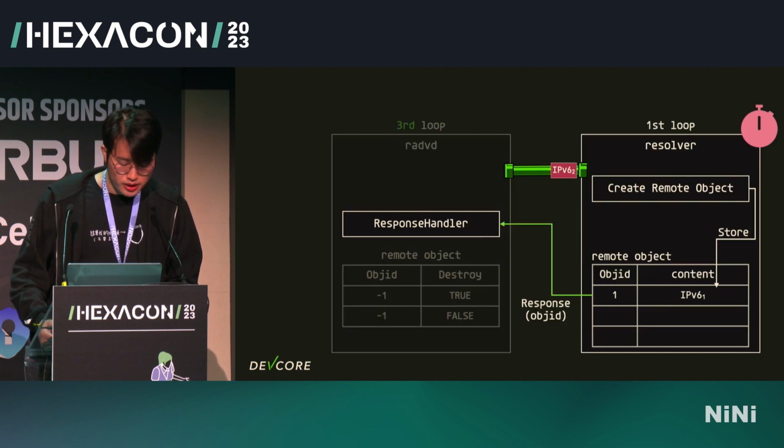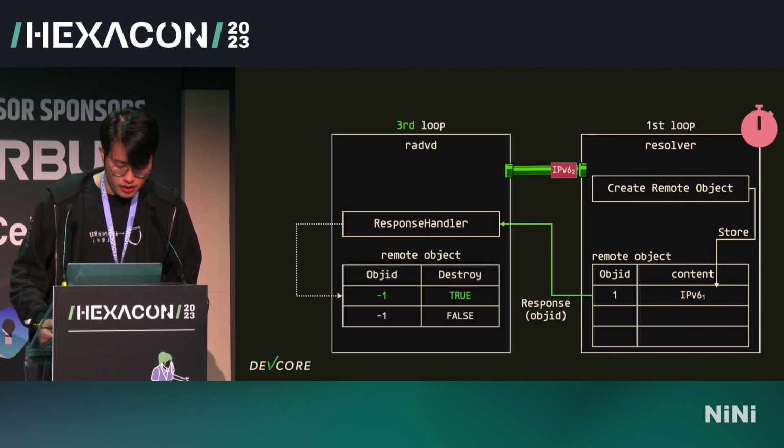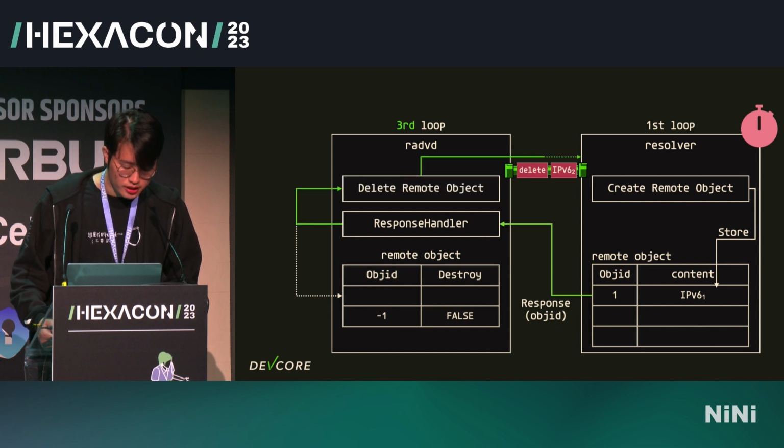Now the resolver sends the object ID back. The response handler, a callback function registered by the first request, will handle the response. The handler finds out the object has already been marked as soft delete, so it won't update the object ID. Instead, it will post another request to the resolver to delete the object.